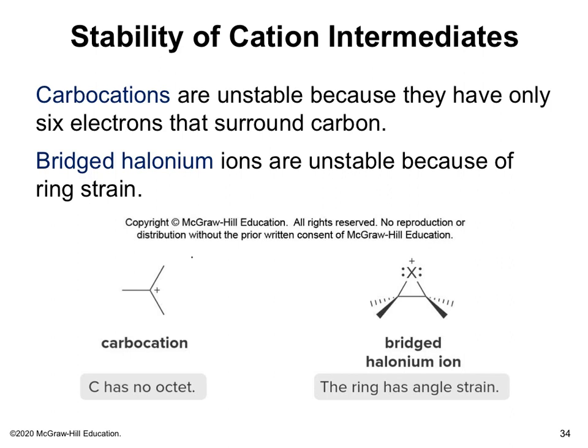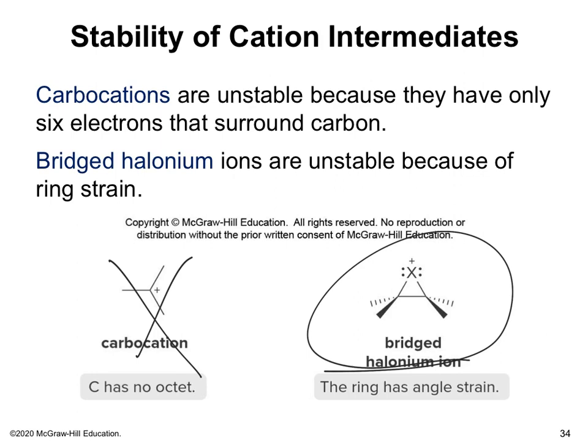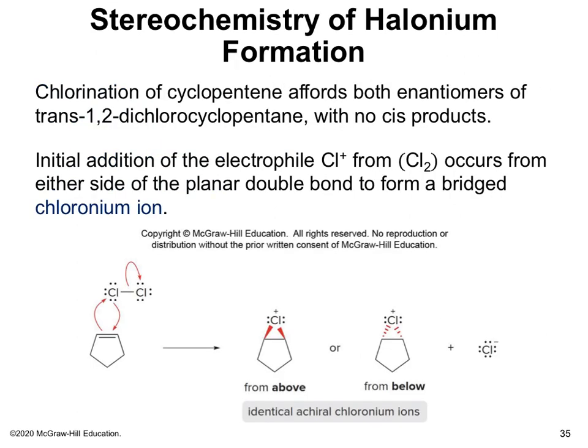You don't get a carbocation. Okay, so you get this bridged halonium ion, and your nucleophile is going to come in from the bottom to open that, and will also come in from the top and open this.